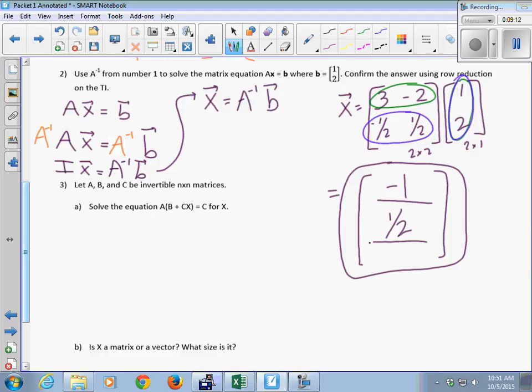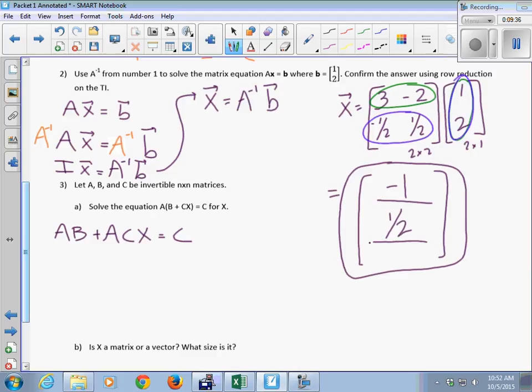So what would you do first? If those were all just real numbers, what would you do first? Distribute the A. Yeah, so I would get AB plus ACX equals C. How do you divide matrices? Oh, right.